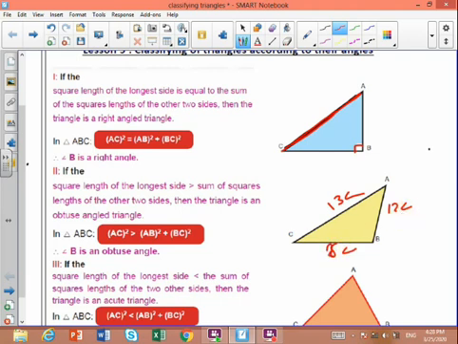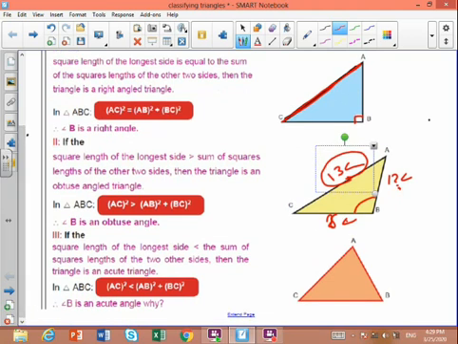So if the square of the longest side is greater than the sum of the squares of the other two sides, then the angle opposite to the longest side is an obtuse angle, and the triangle is an obtuse angled triangle.